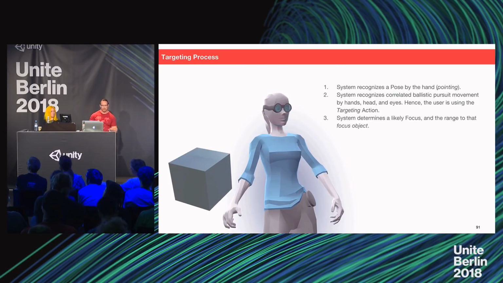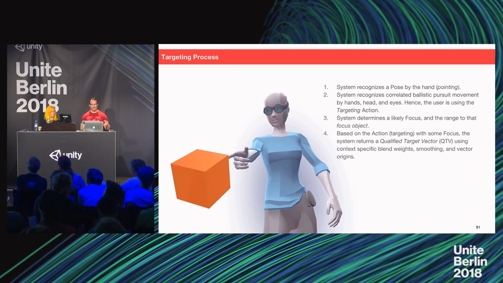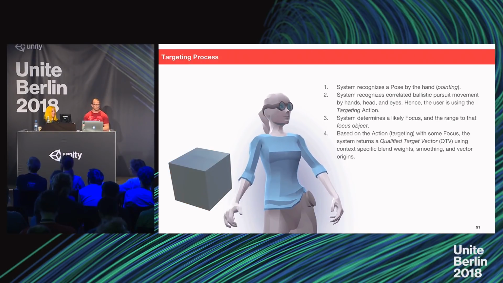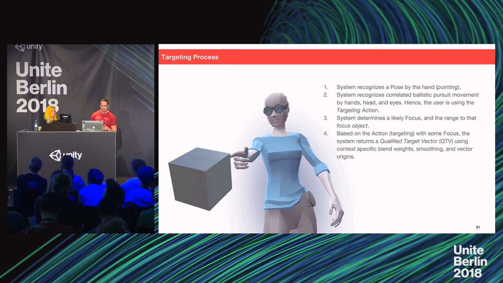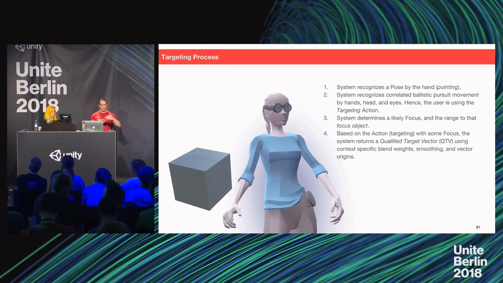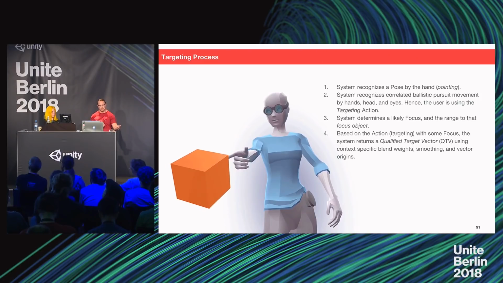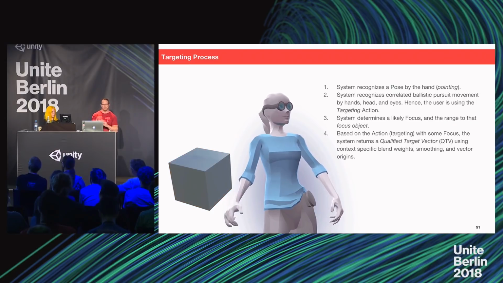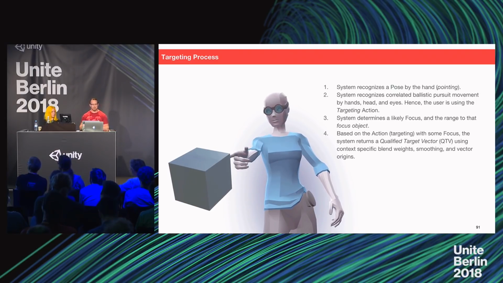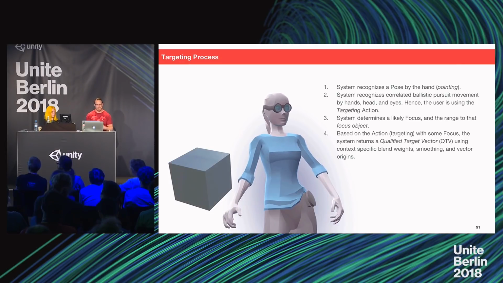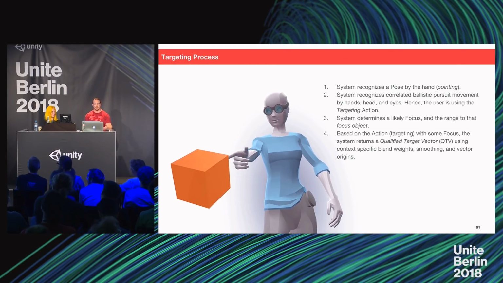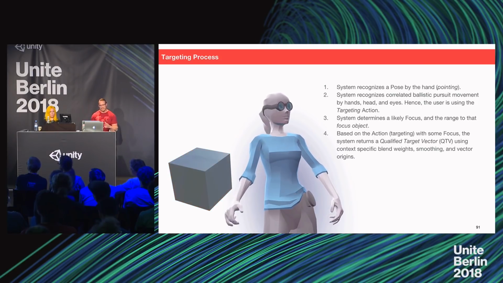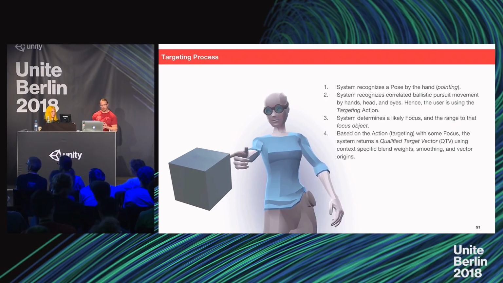I determine that likely focus and the range to it, and then based on the fact that I am targeting and I have found some focus, I can then return a qualified target vector using an intelligent set of blended weights that are smoothed based on which range of motion, which range of targeting we're talking about, and we know the vector origins again based on the fact that we know the range to the probable target. All of this stuff is being bundled up for you and delivered as a smart, intelligent input model that you can use to more easily leverage these key correlated inputs.